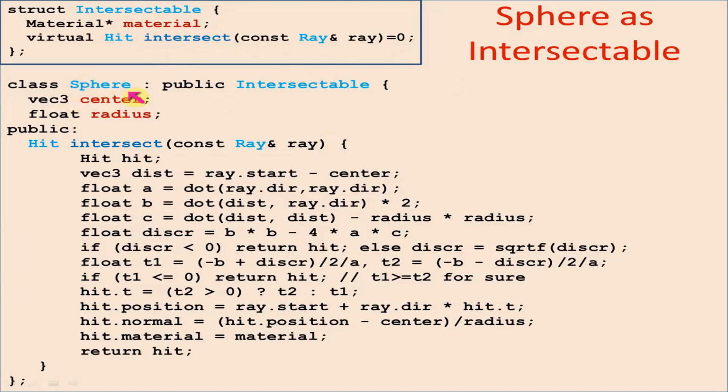Therefore, specific types, like for example the sphere, can be inherited from the general abstract type called intersectable. For the case of the sphere, we know that a sphere can be defined by a center and the radius, and the intersect calculation can be implemented as the solution of a second-order equation.